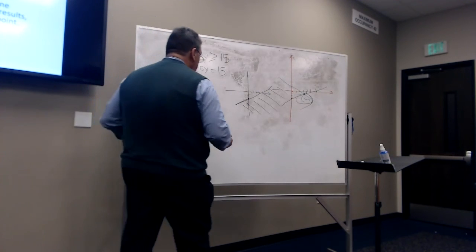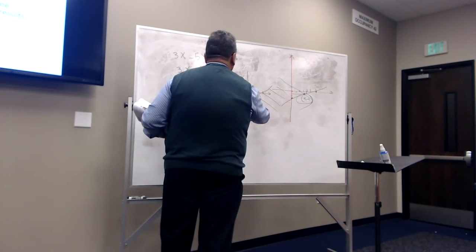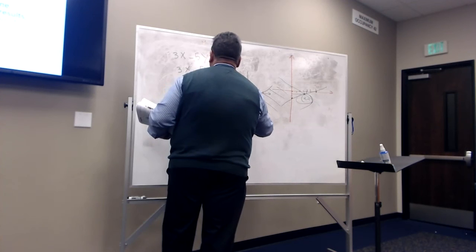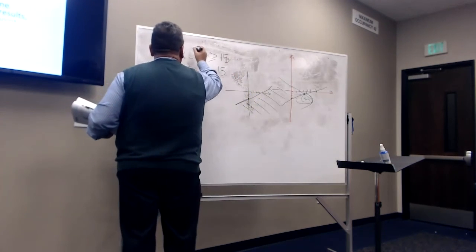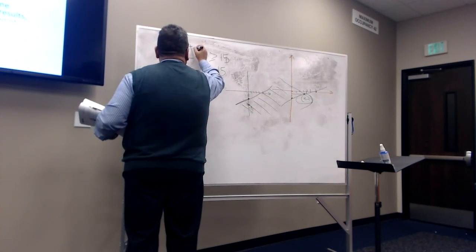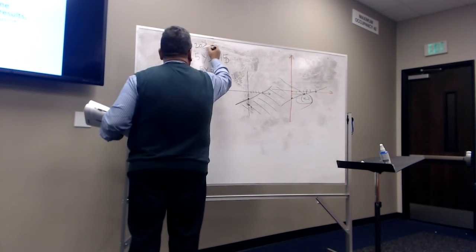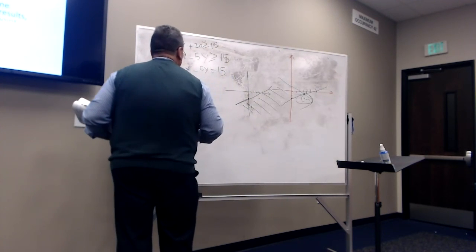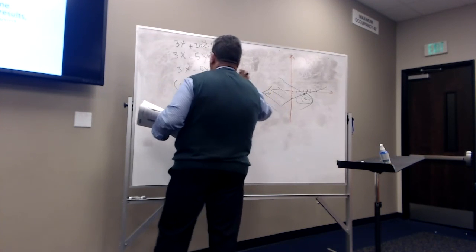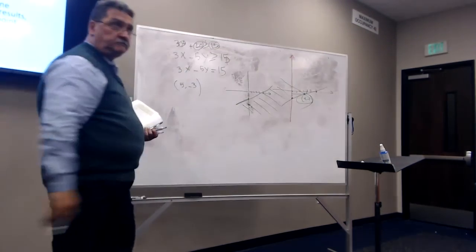You pick any number on this side, plug it there. If y is, let's say, minus 4, then 3x minus 5 times minus 4 would be 20, greater than or equal to 15. If x is 0, this would be 20, so 20 is greater than 15.